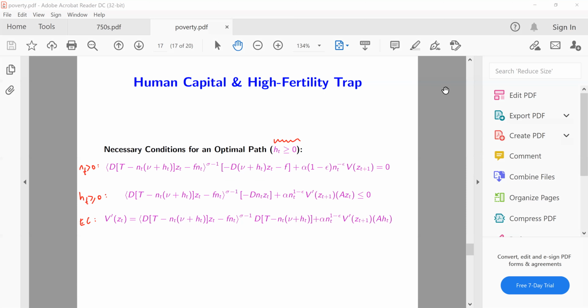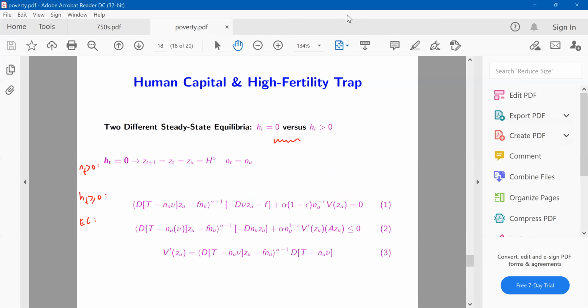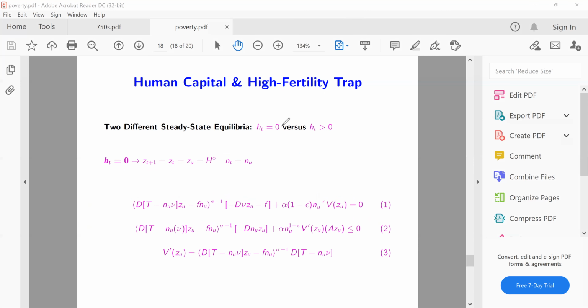Okay, now in one steady state, we have no education spending. Now what happens in that steady state? Remember that difference equation: ZT+1 equals A HT ZT plus H naught, right?